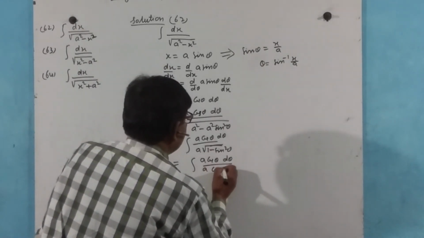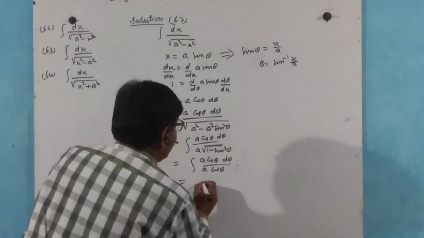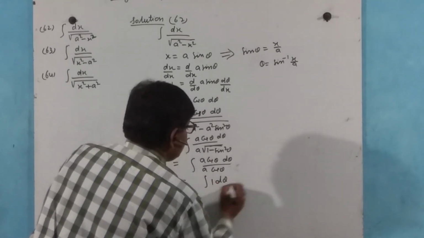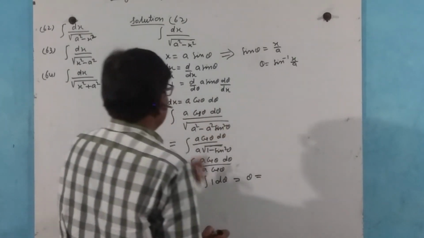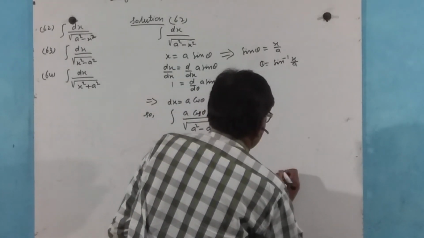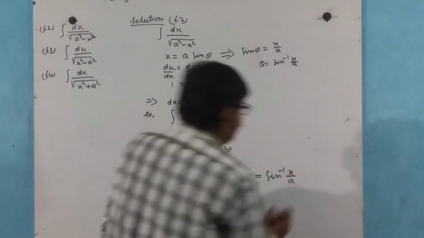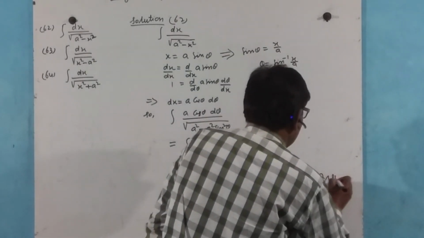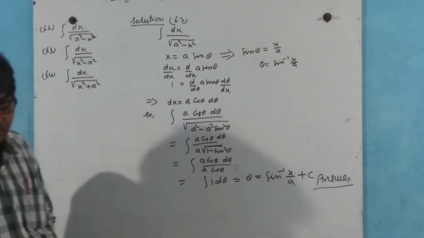This is a cos theta d theta over a cos theta, and a cos theta cancels, leaving integration of 1 d theta, that is simply theta. This can be written as theta equal to sin inverse x by a, and we write one integrating constant c. This is our answer, sin inverse x by a.